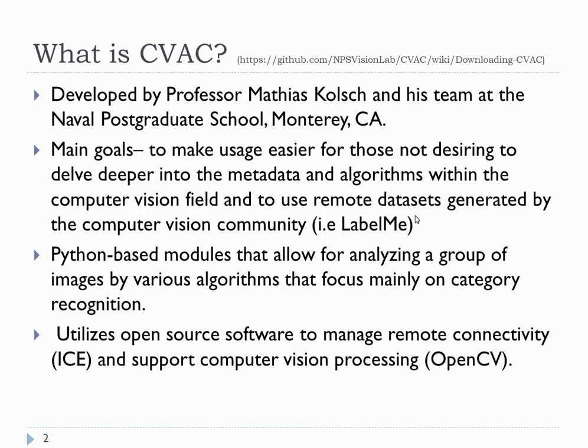Now obviously there are different algorithms out there that are more specialized at looking at certain things or features in images. A lot of CVAC is Python based, so it can be cross-platform, used on Linux. I did most of my work on a Windows 7 64-bit platform.